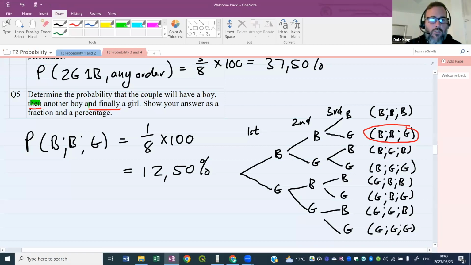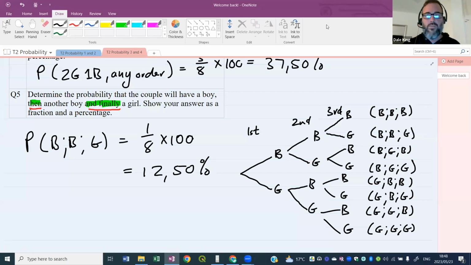The words and finally mean the girl comes last. So it's boy, boy, girl. That's a specific order. We only saw it here in the second bracket. Boy, boy, then girl. That's the only time, we only saw it once. 1 over 8 times 100 is 12.5%.